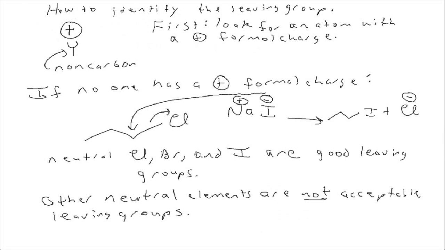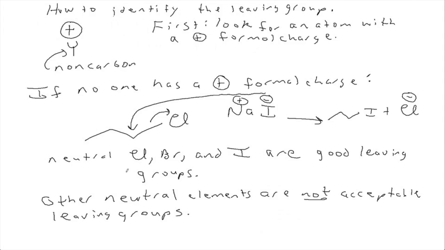So of these, which is the worst leaving group? The chlorine. Right. Iodine and bromine are better leaving groups than chlorine. But usually chlorine is good enough to be considered part of the group. All right. But the most important thing is that you ask that question. It's important in organic chemistry not to just be blindly memorizing, but thinking critically and asking those types of questions.